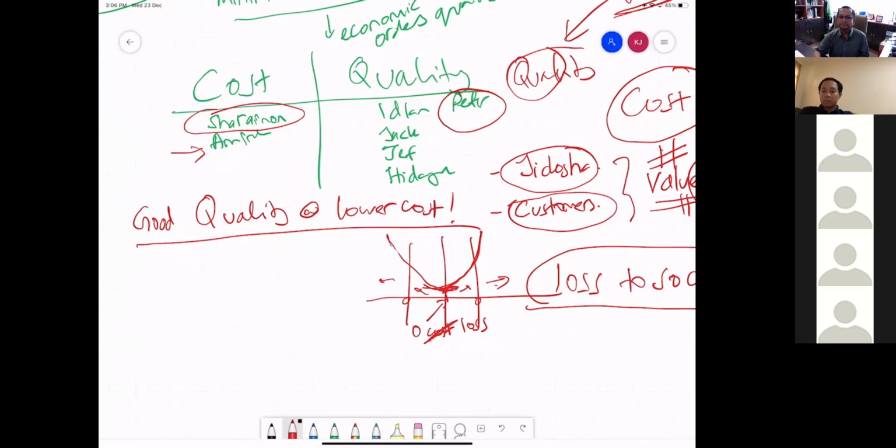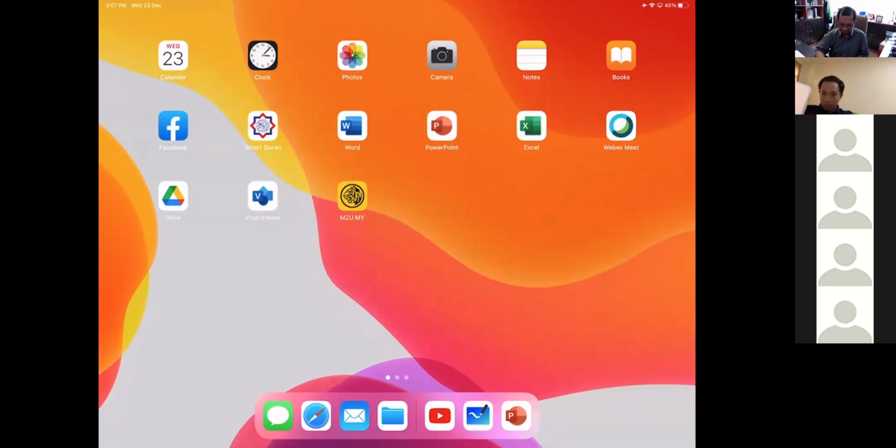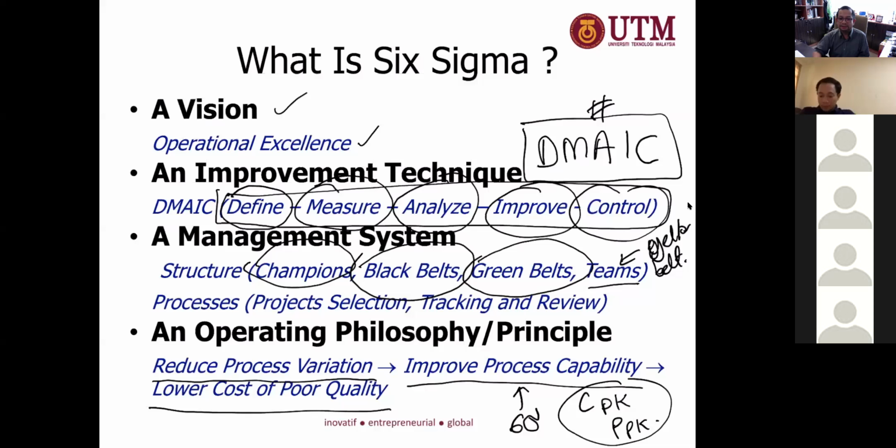Definitely, the majority of the participants say quality is more important, but quality improvement can bring cost reduction, but the objective is cost, money. Okay, does that answer your question? Is that clear? The right one, quality or cost? Cost.